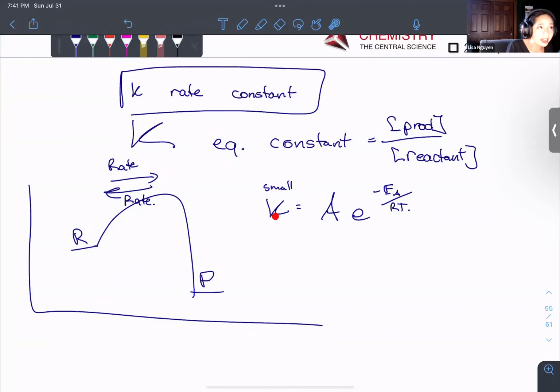That k will change if you heat up your temperature; the reaction will go faster in the forward direction if you supply more energy, more heat. That k will increase if you give it more energy.